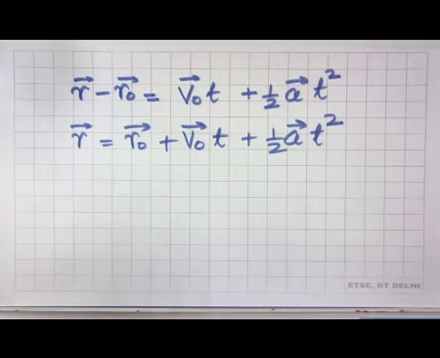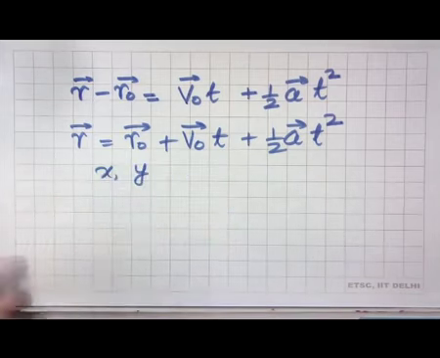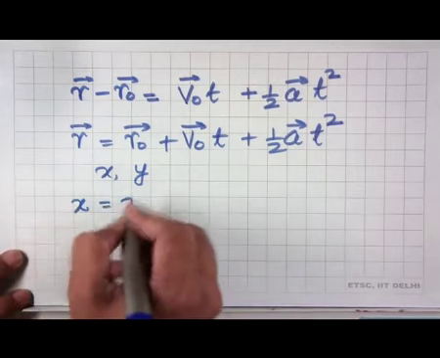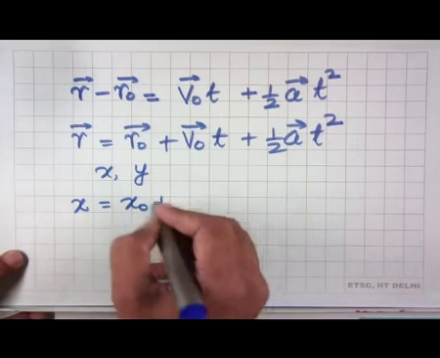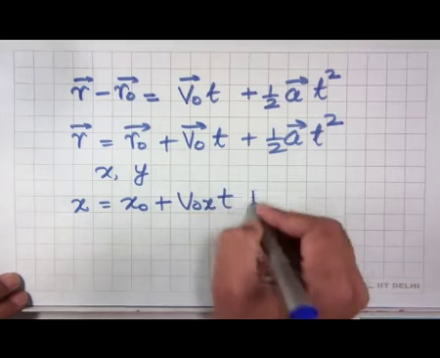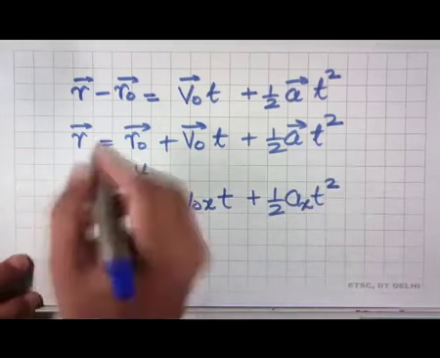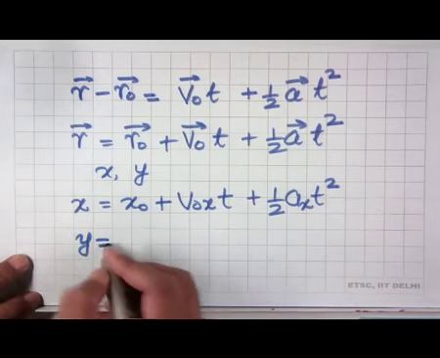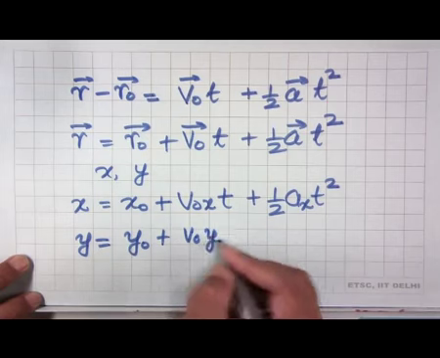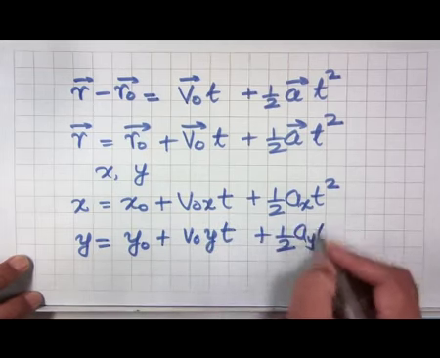And again we can write this along x and y directions separately. So, we will get x is equal to x0 plus v0x t plus half ax t square, and the y component will give us y is equal to y0 plus v0y t plus half ay t square.